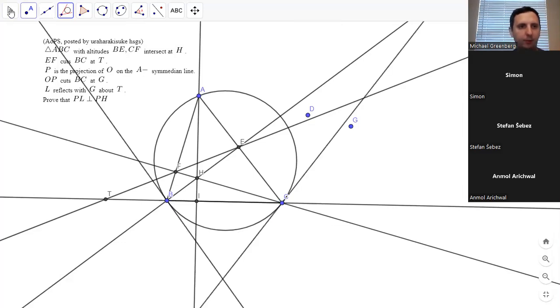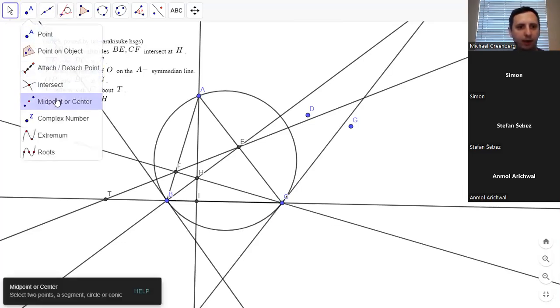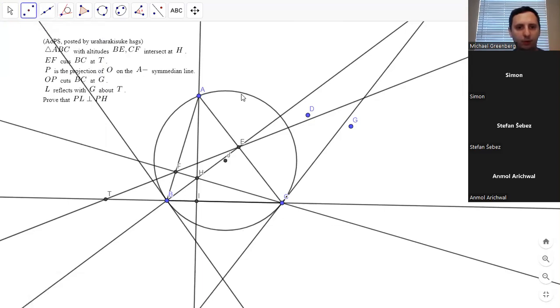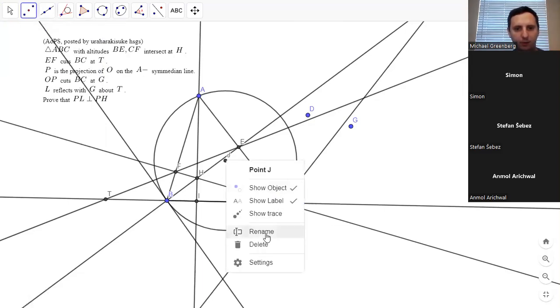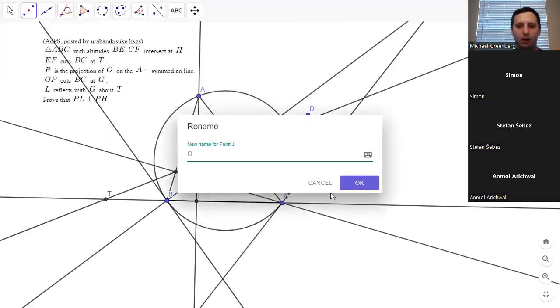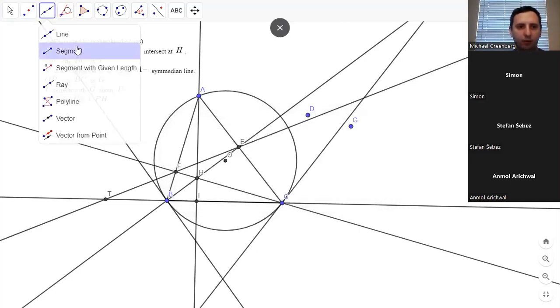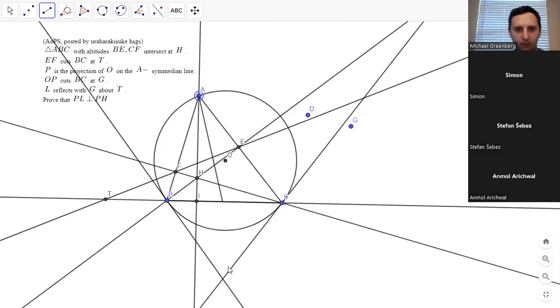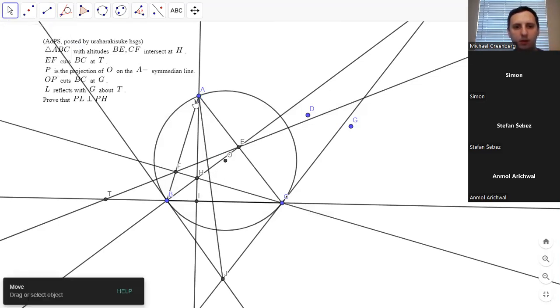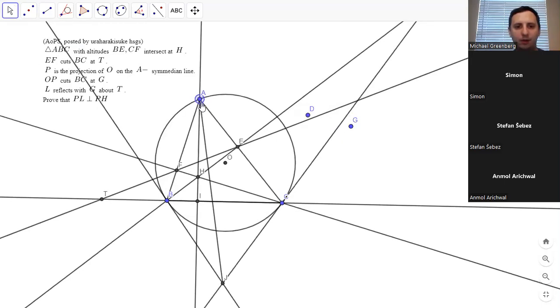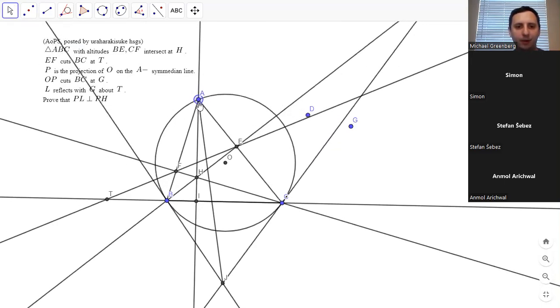I think there's something special about the projection of the circumcenter onto the symmedian. I think it bisects the symmedian chord, if I'm remembering correctly. It has a lot of special properties. It is called the Dumpty point, I think. The Dumpty point, yeah.